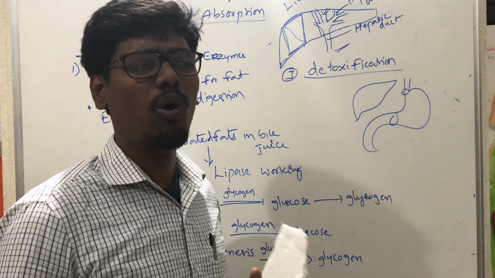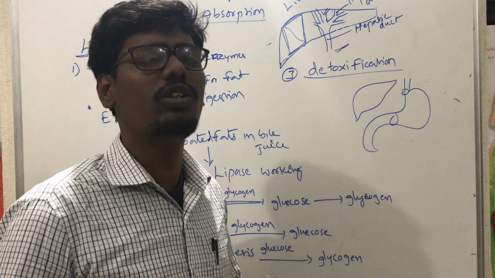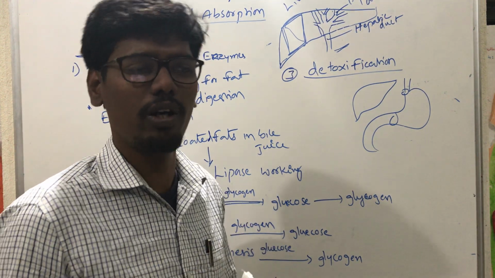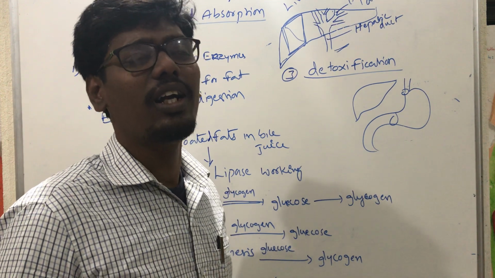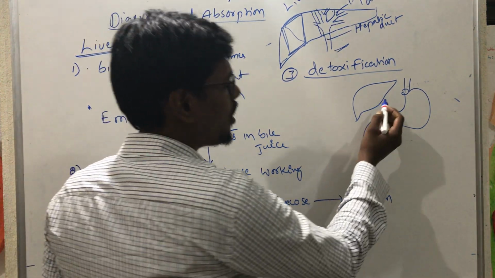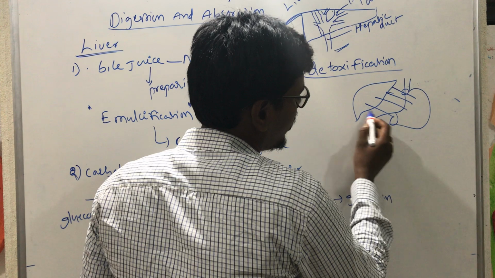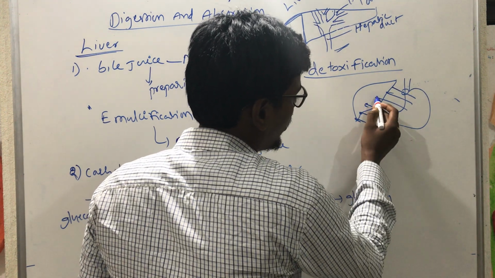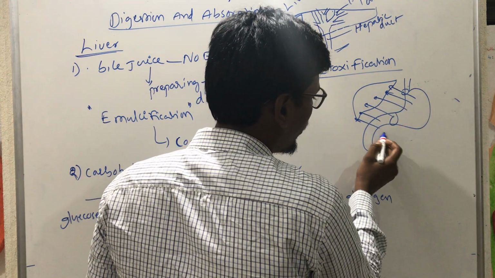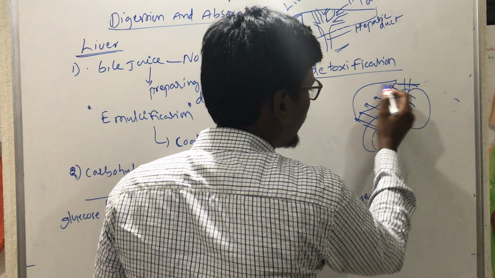All those heavy toxins, harmful toxins, or poisons go directly into the liver through the hepatic portal vein.